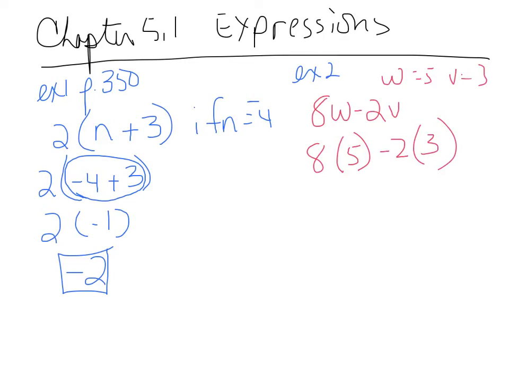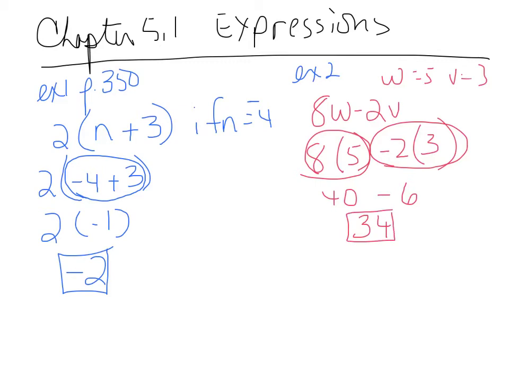All right, and so multiply together, circle and solve, you get 40. Circle and solve, negative 2 times 3 is negative 6. And then they are different signs, so you subtract, and you get 34. And so there you go. Your coefficient is 8 in this case, and negative 2.